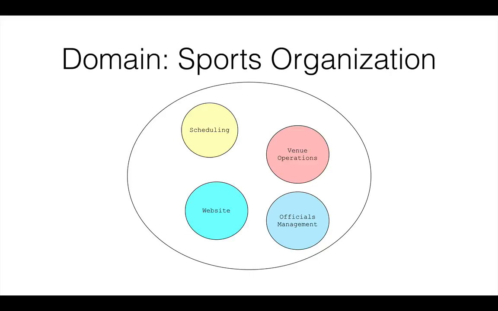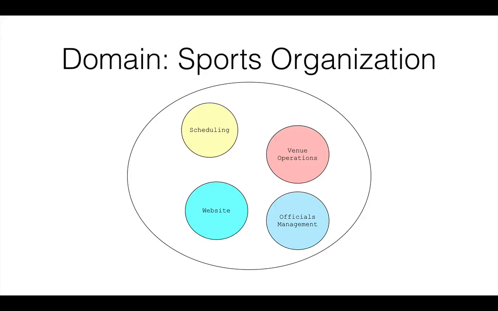So let's consider any organization. I have an example of a sports organization, but it can be any business. Any business has its characteristics. If you try to model your business, and you probably know it better than I do, you can treat your entire business as a single business domain, right?